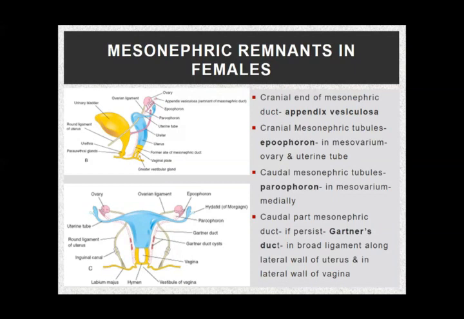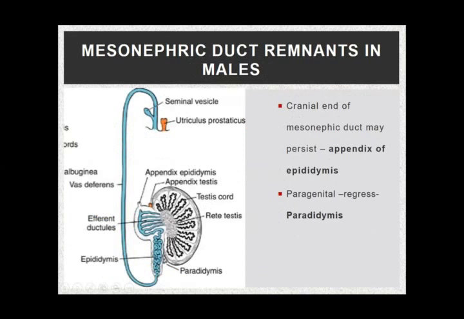Otherwise, normally, all the remnants that I have discussed so far, appendix of epididymis, paradidymis, etc., even if present, cannot be felt because they do not interfere in normal functioning. However, if they develop an infection, enlarge, or a cyst forms, their presence can be felt.